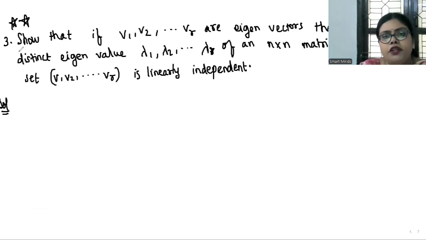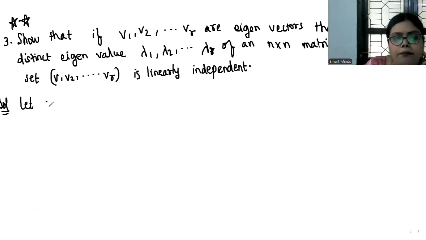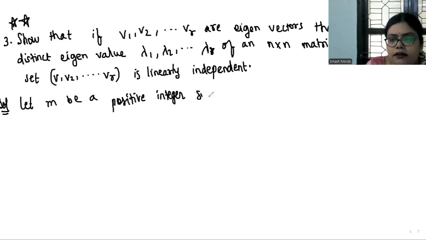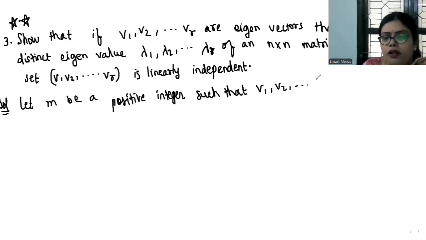Show that if V1, V2, so on up to Vr are eigenvectors corresponding to distinct eigenvalues lambda 1, lambda 2, so on up to lambda r of an n by n matrix A, then the set V1, V2, so on up to Vr is linearly independent. So let us say m be a positive integer such that V1, V2, so on up to Vm are linearly independent.